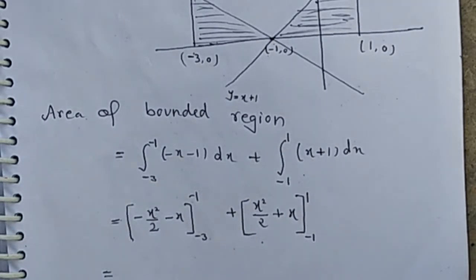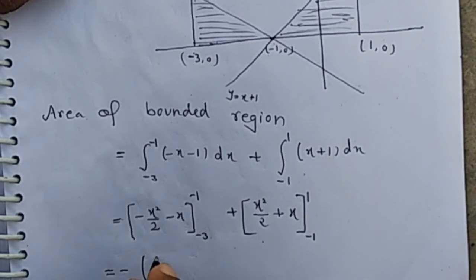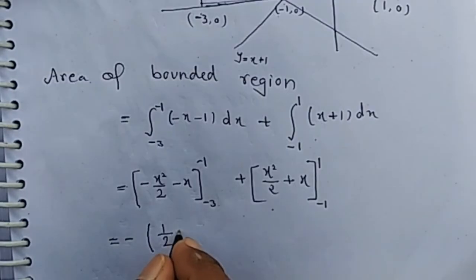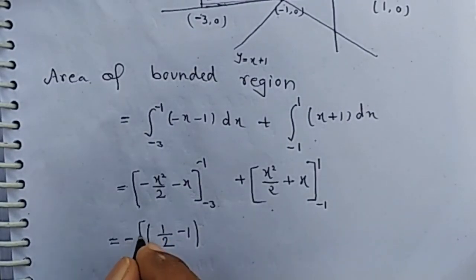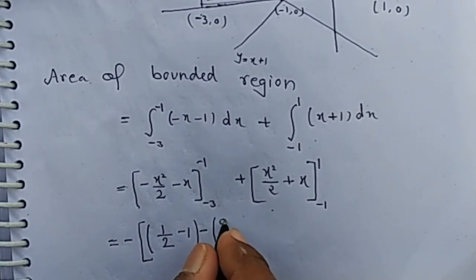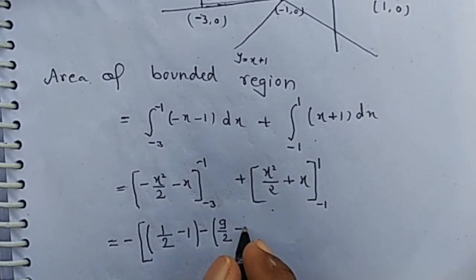Now we have the upper limit (1/2 - 1), minus the lower limit, 9/2 minus 3.